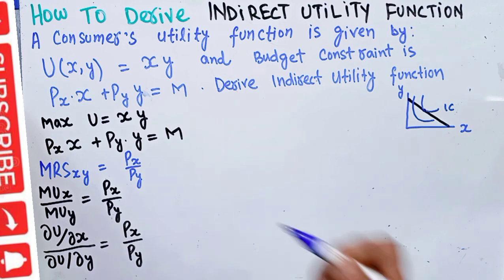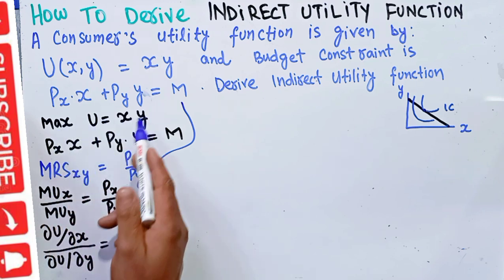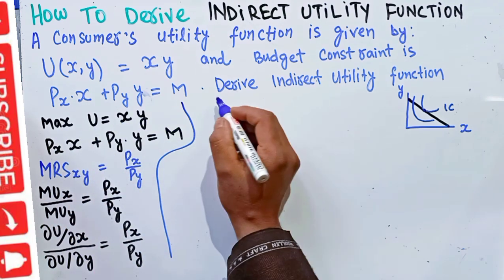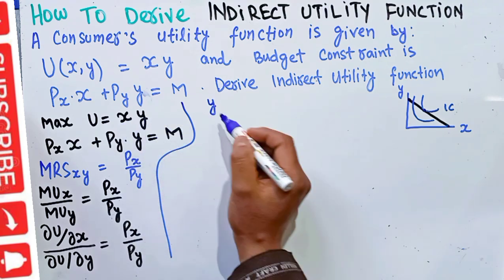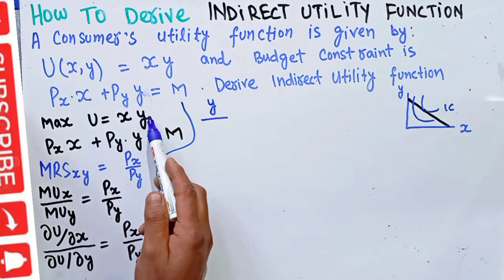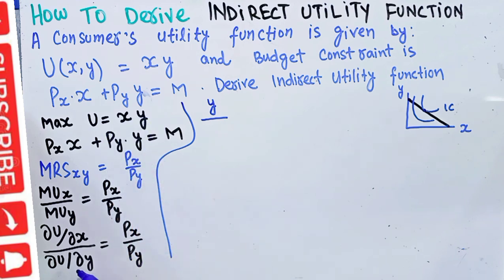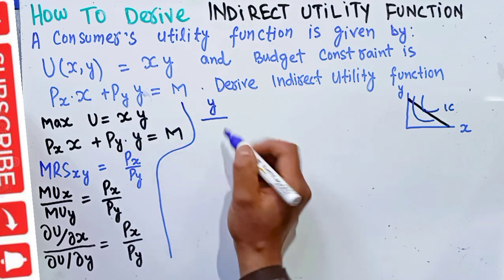This Px upon Py is the slope of the budget line, and this MUx upon MUy is the slope of the indifference curve. So the derivative of this function with respect to x: the derivative of x is 1, so we are left with 1 times y, which is y. So dU upon dx, the partial derivative of this function, will be y. dU upon dy is the partial derivative with respect to y, so we will be left with x.